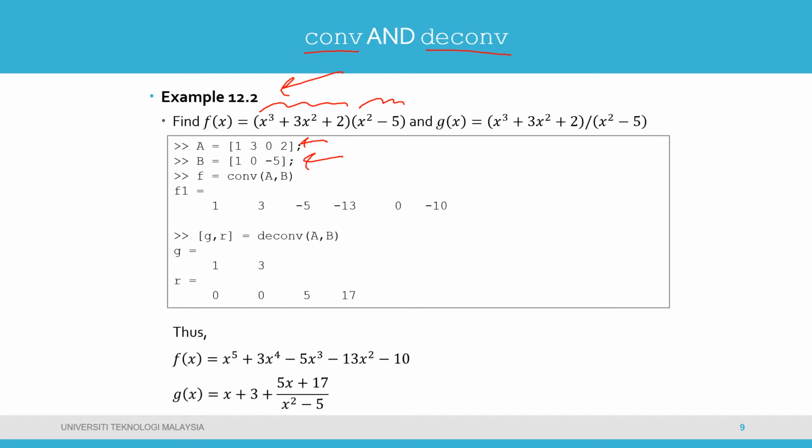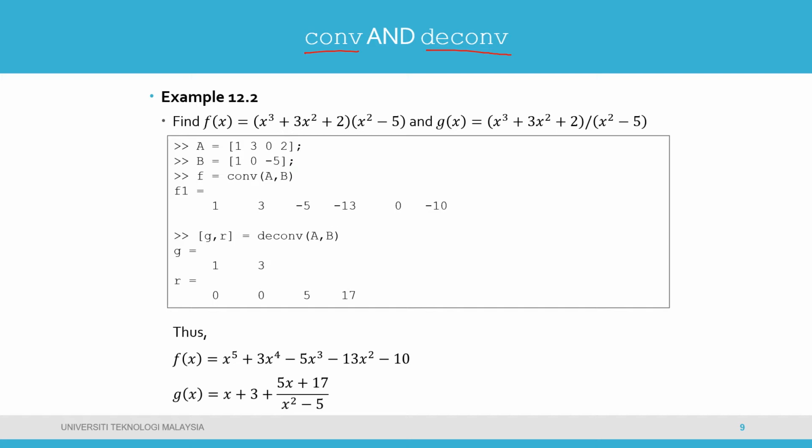You can see here the 0, because we have 0 x to the power of 1 inside here. The 0 is just empty, so make sure you include it inside there. Also the same here, x power of 1 is 0, which means you have to put 0. So be careful, when you convert a polynomial into a vector, you have to consider the empty, the 0 component, this one and this one.